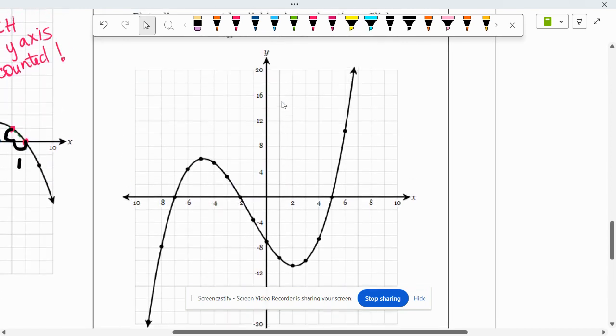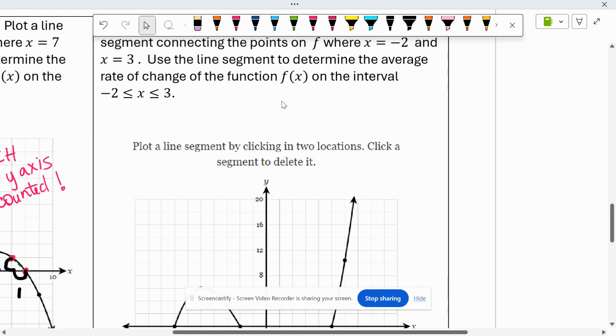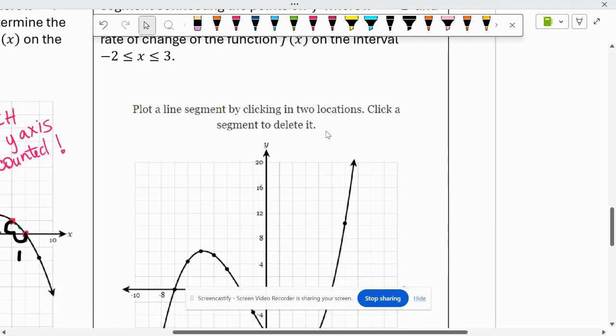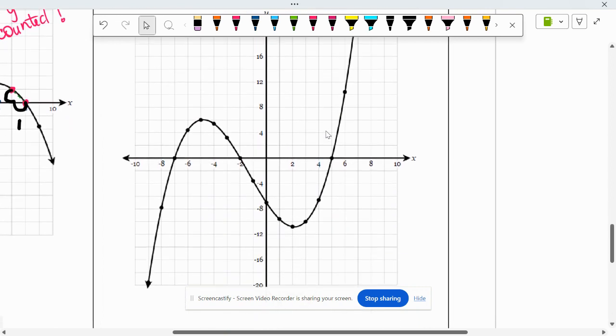And same for this one. So the function f of x is graphed below. Plot a line segment connecting the points on f where x equals -2 and where x equals 3. And then we're going to count the slope from the line segment. So when x is -2, y is 0, right?